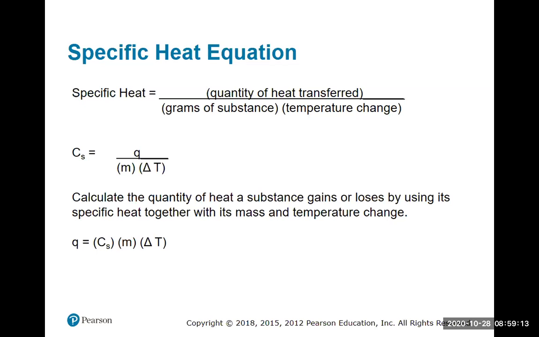Sometimes you're asked to do calculations based on heat capacity. Down at the bottom is that same formula rearranged. Those two formulas are the same, just rearranged: the top one to solve for specific heat, the bottom one to solve for the heat value. So make sure you're comfortable using this formula to do these types of calculations.